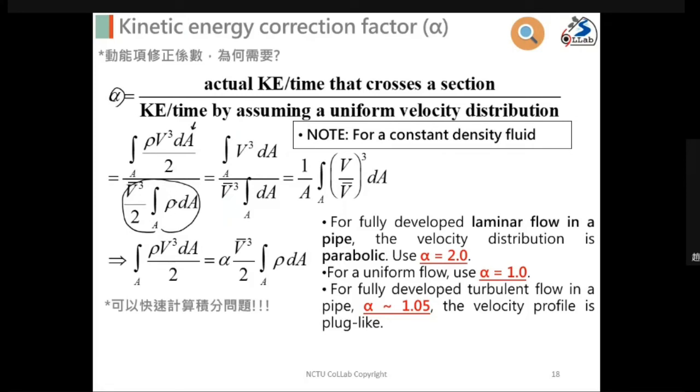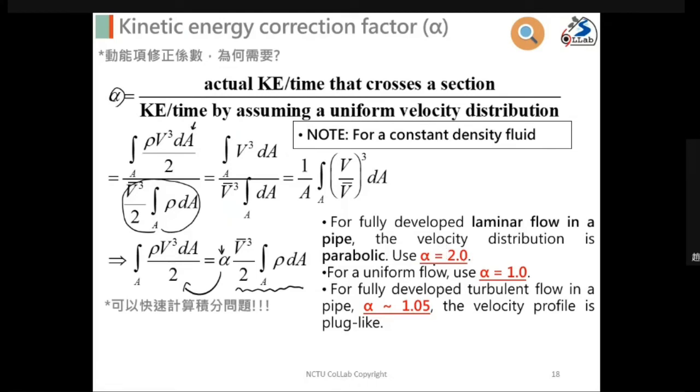So we can take the velocity as a constant value and take it outside the integration. So finally, we can very easily build the integration for the bottom part. Since these terms are easy to compute, we just multiply by the correction factor alpha, and then we can estimate the complicated integration on the left-hand side.